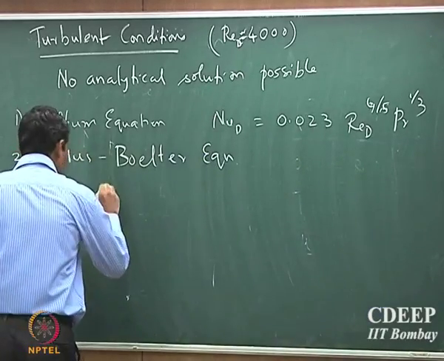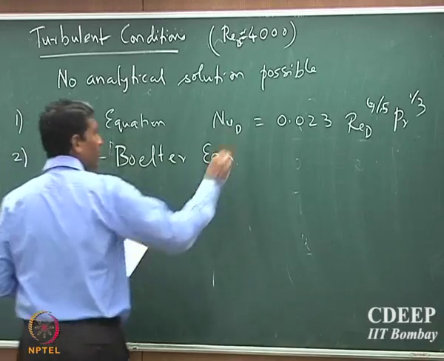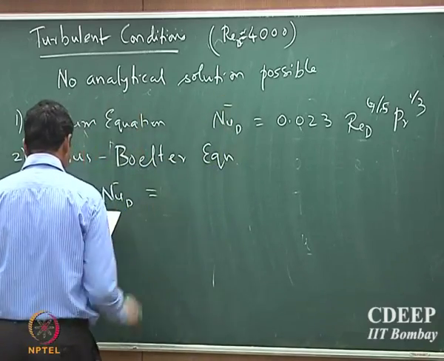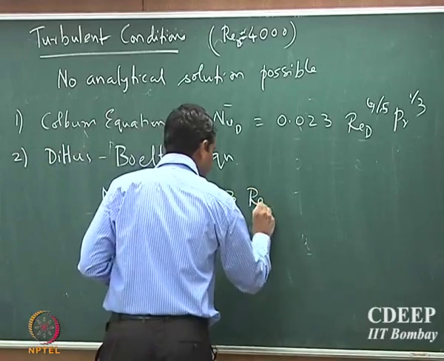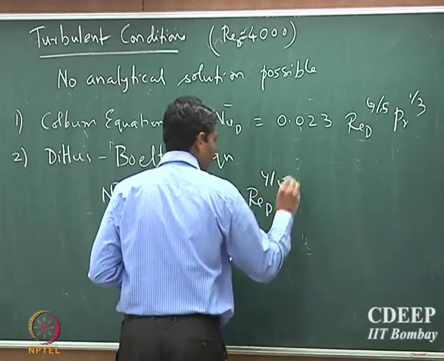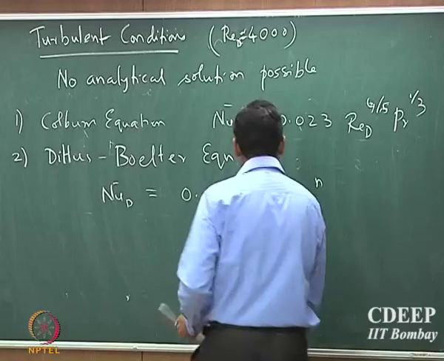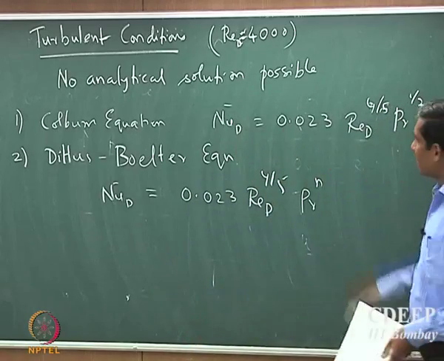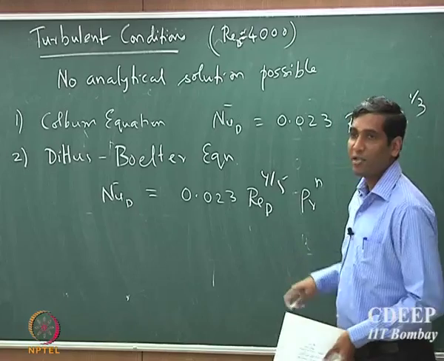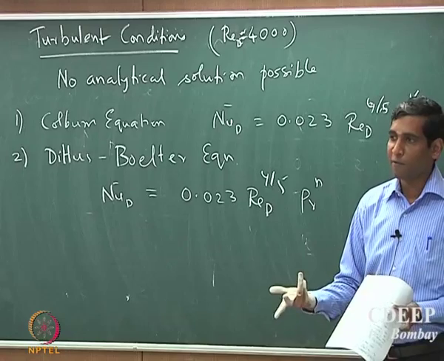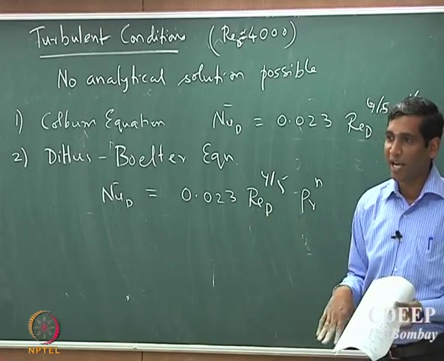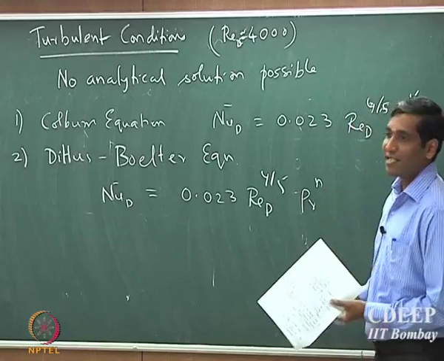And the equation is average Nusselt number equals 0.023 Re_D to the power of 4 by 5 into Prandtl to the power of n. So the difference between Colburn and the Dittus-Boelter equation is that depending upon whether the heat is being lost from the fluid or whether the heat is gained by the fluid, the exponent n is slightly different.